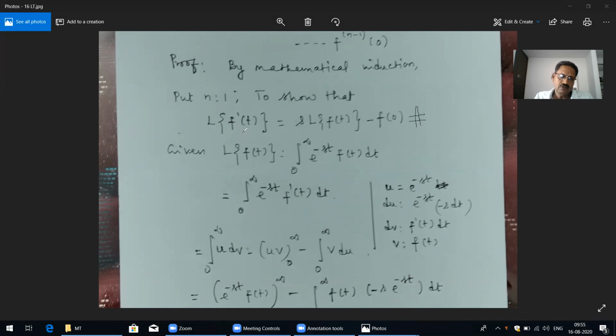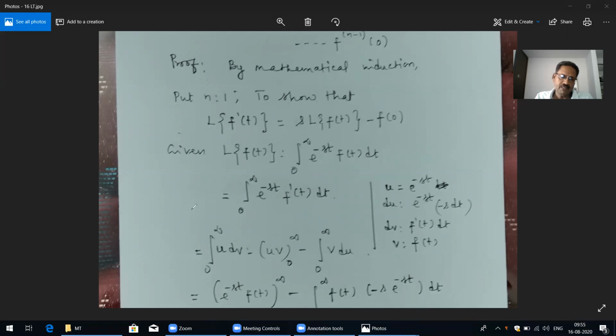Now, what is the Laplace transform of the left hand side? What is the Laplace transform of f dash of t? Laplace transform of f dash of t equals integral from 0 to infinity of e power minus st into f dash of t into dt.